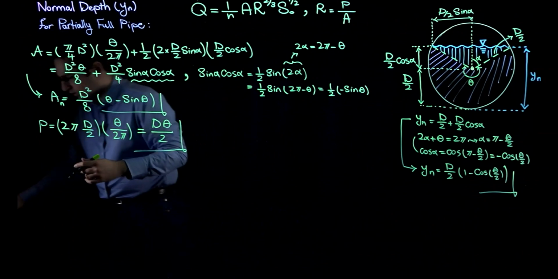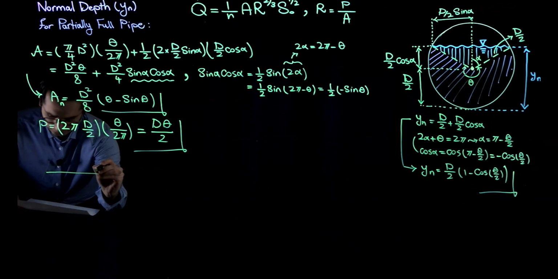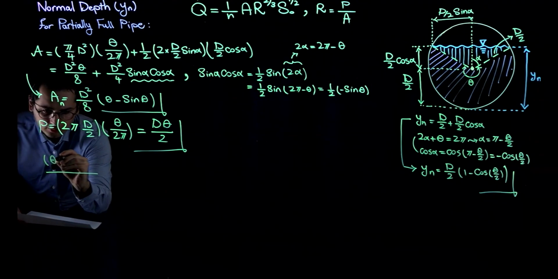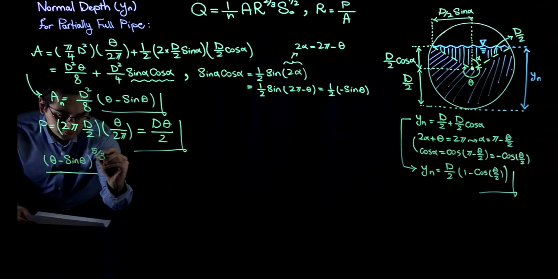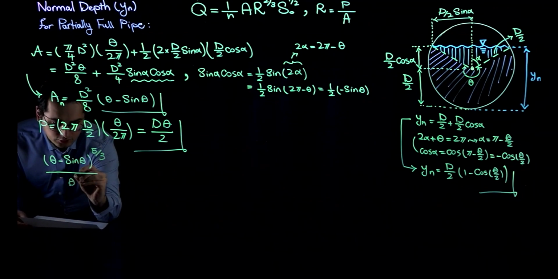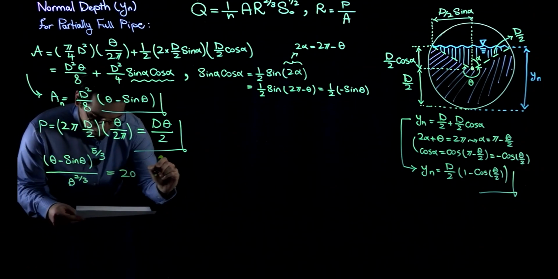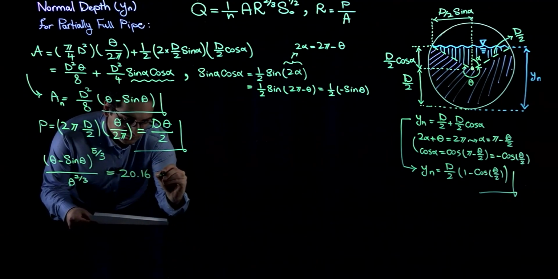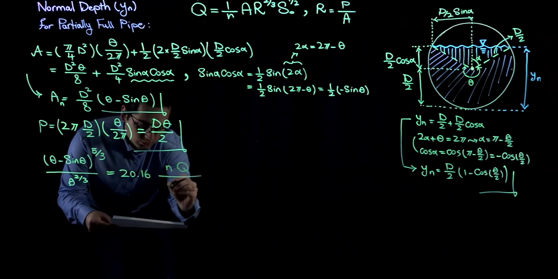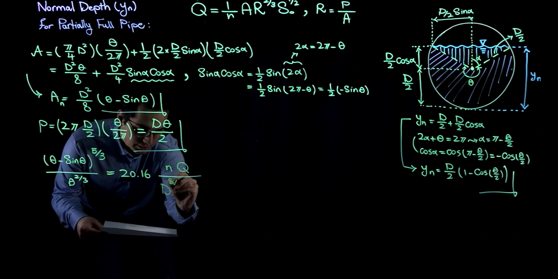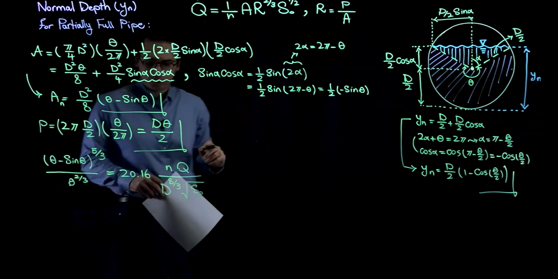Let me write down the finalized equation for you. The finalized equation is in this term. Theta minus sine of theta to the power of 5 over 3, divided by theta to the power 2 over 3, is equal to 20.16 times Manning roughness, Q, diameter to the power 8 divided by 3, and slope to the power 1 over 2.